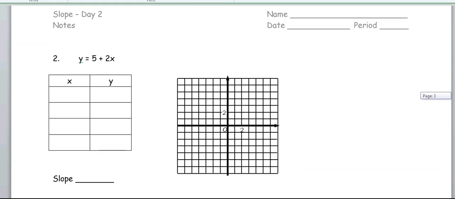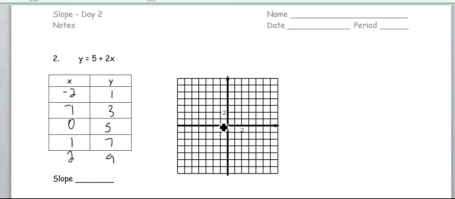So on number 2, I want you to go ahead in your calculator, put in the 5 plus 2x, and then fill out the table. And if you need to, you can go ahead and stop the video. I know I go a little fast, but you can always stop the video. So it's 1, 3, 5, 7, 9.